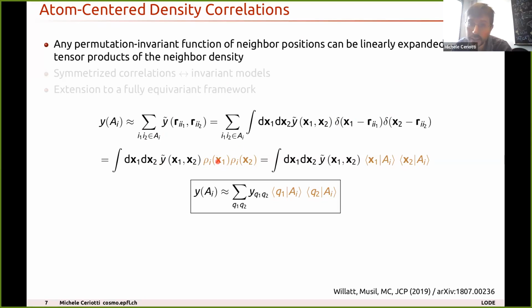And so formally, the complexity of this calculation is only linear in the number of neighbors. If we had to evaluate these as pair sums, we would have had a cost scaling quadratically with the number of neighbors. Now, formally at least, we need to compute this density, for which the cost is linear, and then we take the tensor product.